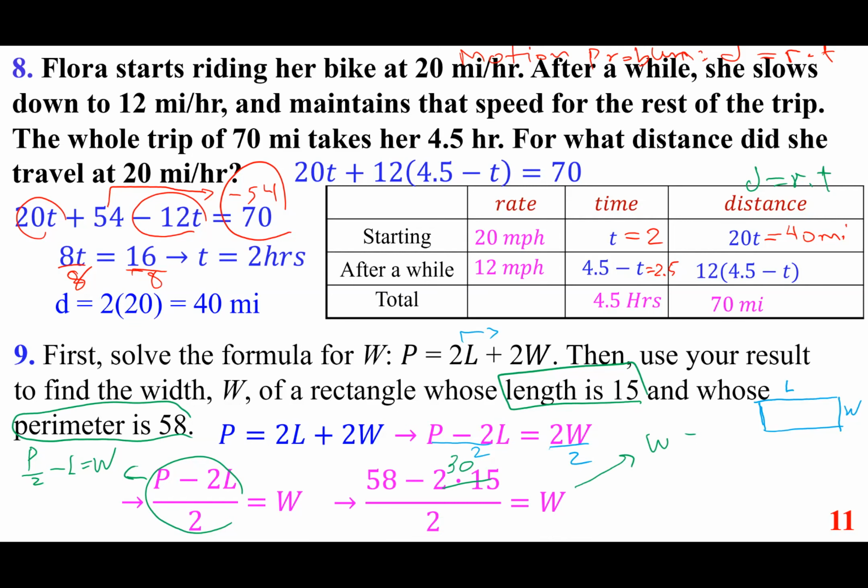So the width is 28 divided by 2. And therefore, we get the width equals 14 if the units are given. We answer back with proper units. If not, this is it.